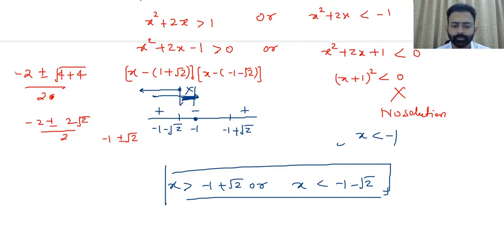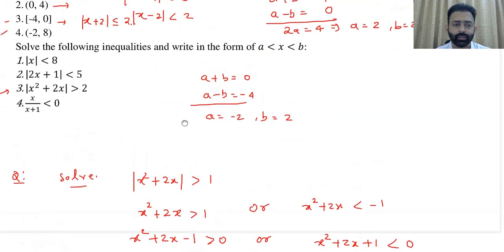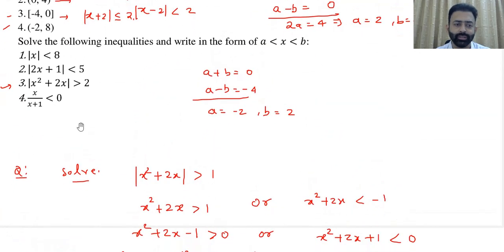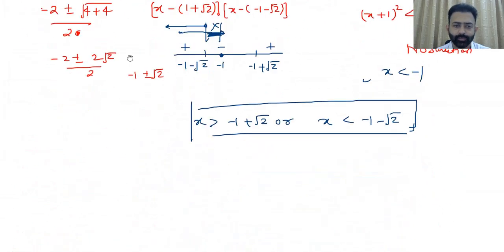Okay, and the last question for the day is x upon x plus 1 less than 0. Okay, x over x plus 1 is less than 0. Okay, now it is asking for less than 0, so as I told you, the same concept will be applied. For less than 0, between the roots.